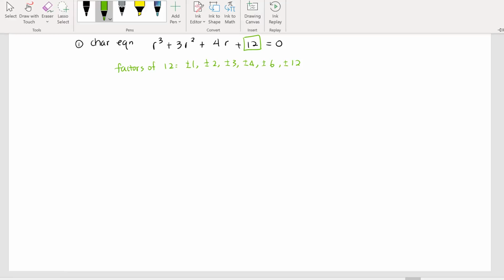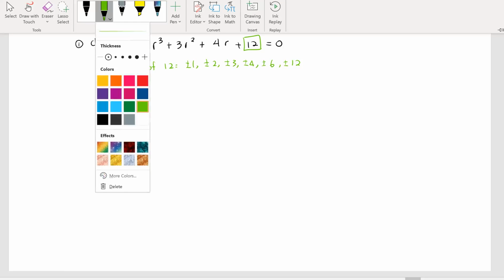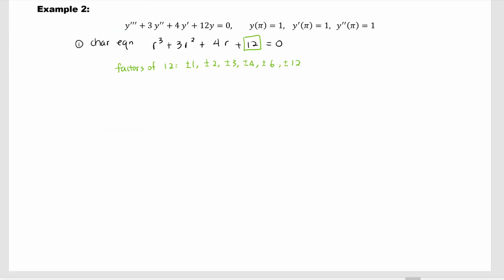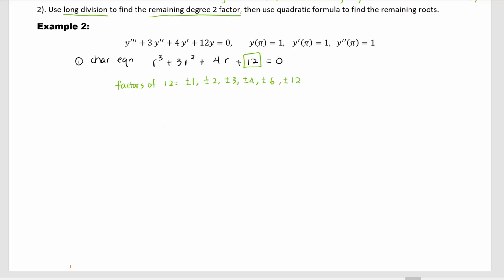And then we have the factors of the leading coefficient, which is 1. So that is plus or minus 1.